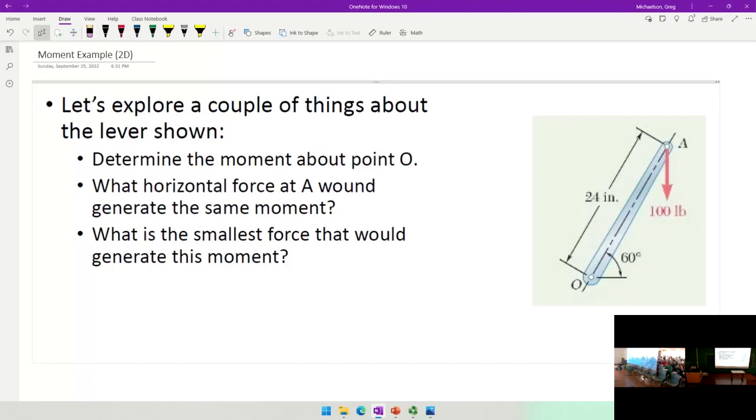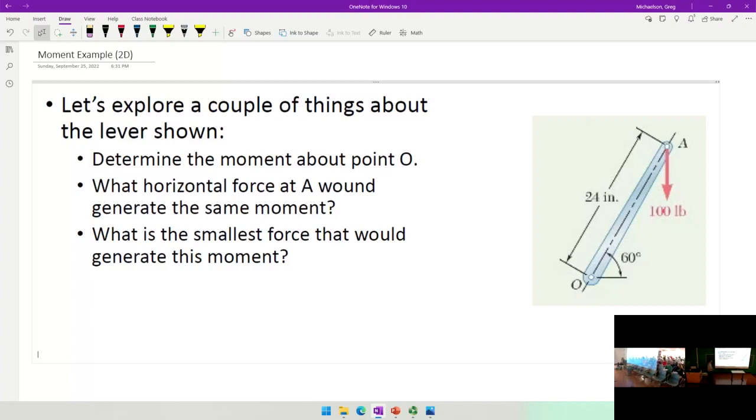So we're going to determine a few things. We're going to determine the moment about that point, okay? We're going to determine the horizontal force that will be required in A to generate the same moment, and what's the smallest amount of force that would generate the same moment. And I think that this one example will probably really solidify what's going on with moments. It'll also help you understand the whole positive versus negative moments.